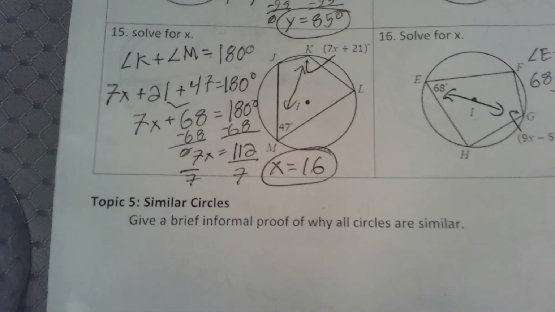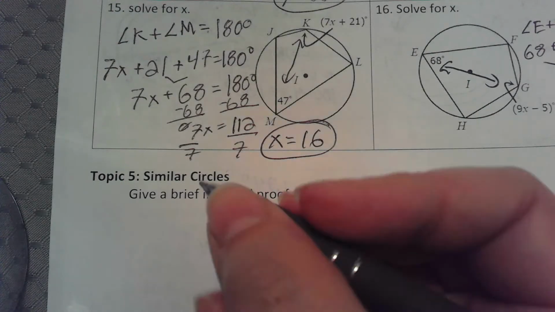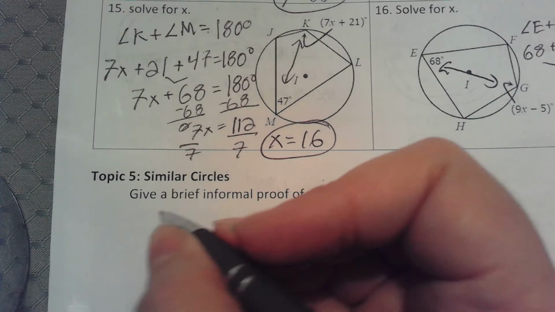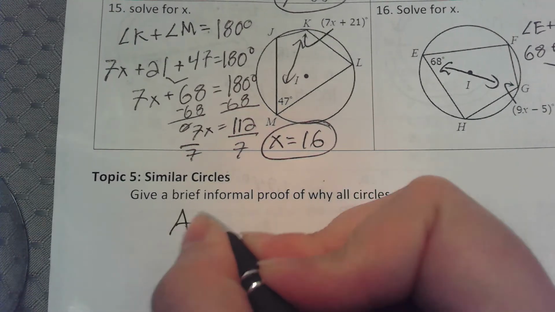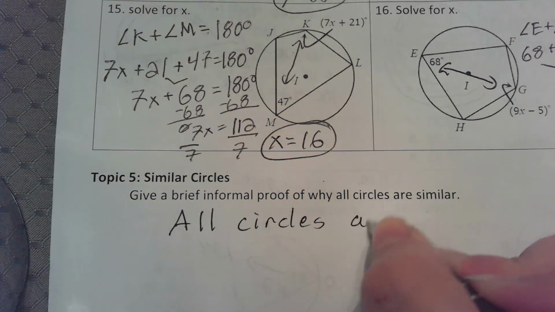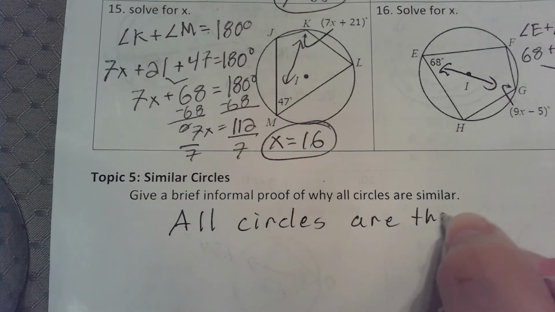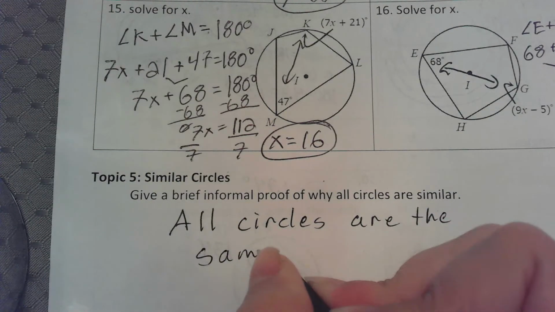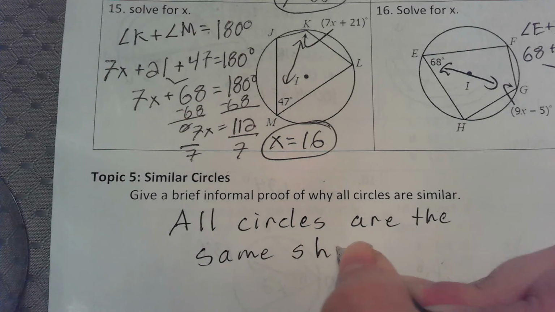Okay, so this one says write an informal proof that all circles are similar. What I would say is all circles are the same shape.